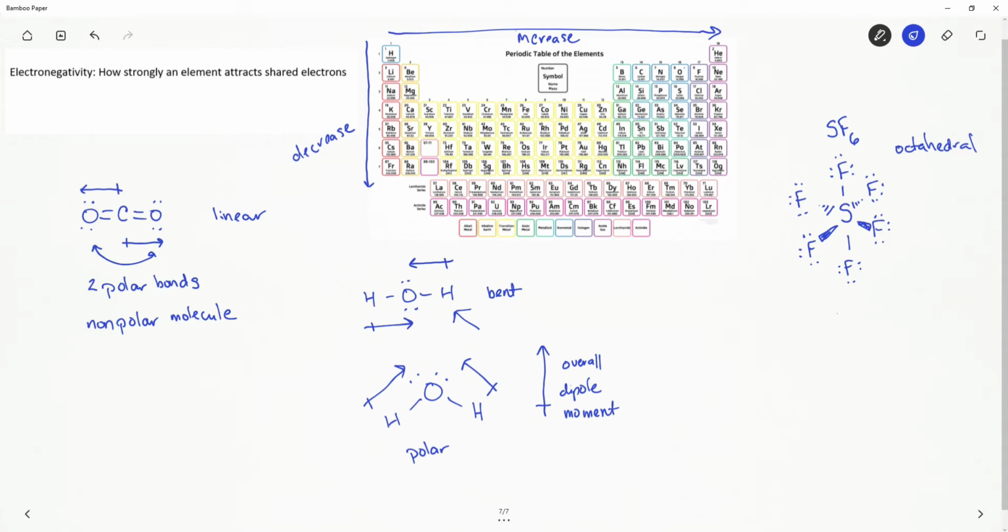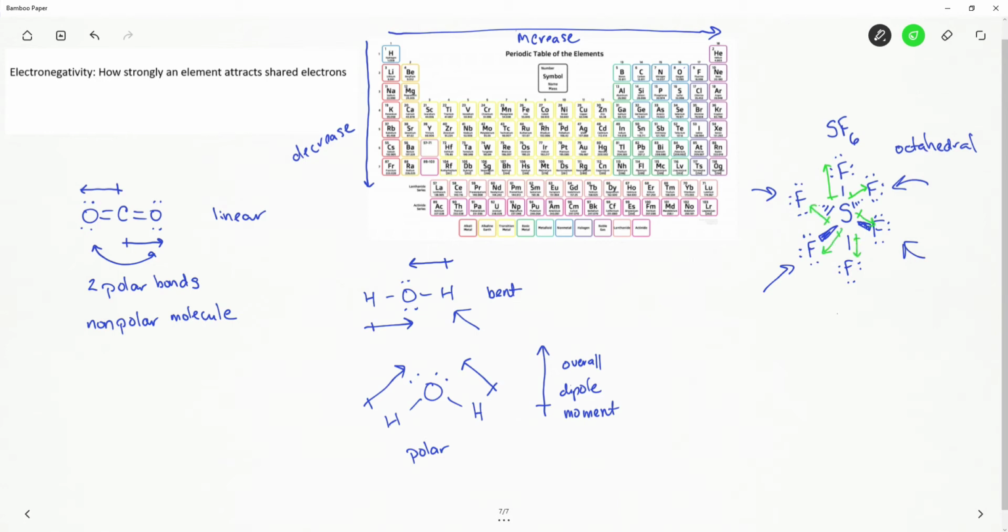Remember, the wedges mean that these fluorine atoms are coming out of the page towards you, and the dashes mean that those fluorine atoms are behind the page away from you. Do we have polar bonds? Yes, there is a difference in electronegativity between sulfur and fluorine, so let's draw in our polar bonds. Fluorine, as we know, is the most electronegative atom. So all of my arrows are going to point towards fluorine.